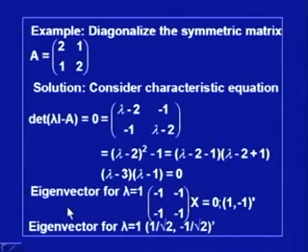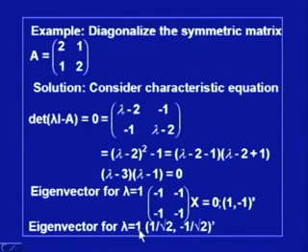Similarly, we can obtain the eigenvector corresponding to lambda equal to 3. However, we need not only orthogonal vectors, we need orthonormal vectors. So, we divide this by its magnitude.